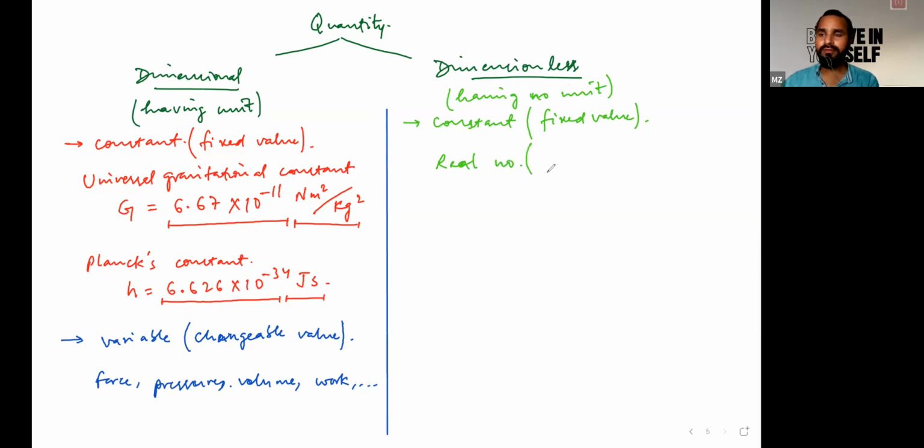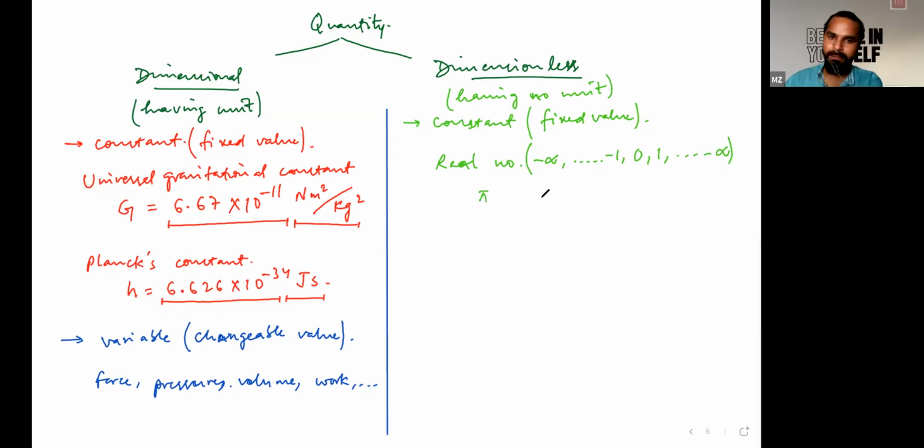You must have learned from the beginning of your class till 10th, from minus infinity to so on, -1, 0, +1, and so on to plus infinity. This whole term would behave as a fixed constant number. Suppose 1, its value would remain the same for the entire universe, and there is no unit assigned for this particular numerical value. So we can say it is dimensionless. Is it clear? Yes, sir.